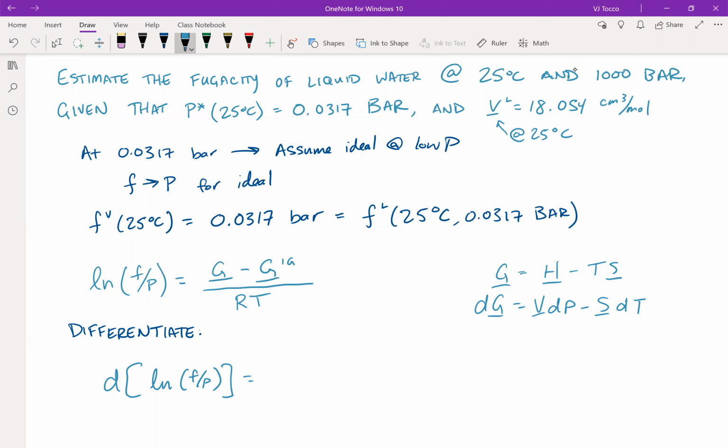Here I would have to do the chain rule, but because I don't have a change in temperature, I can treat temperature as constant, only for this particular case. So it's dG minus G ideal gas over RT, and I'll make a note that this is only if T is constant, and use chain rule if not constant.